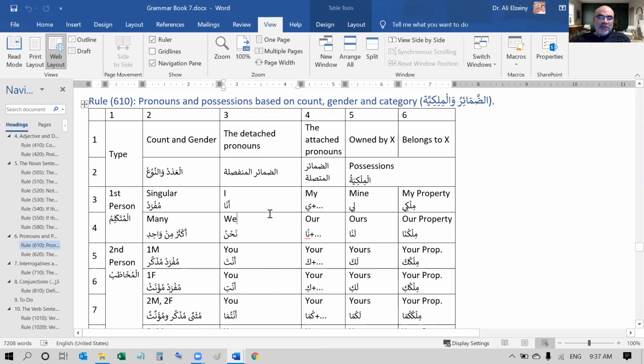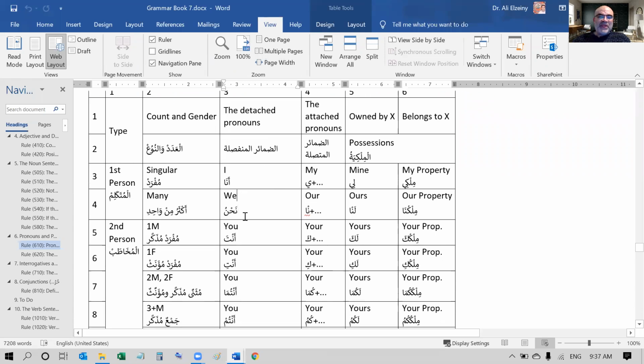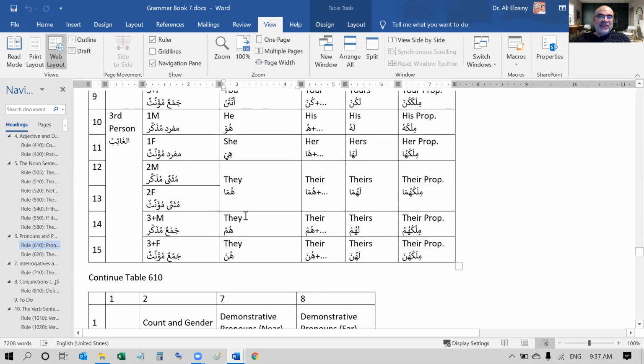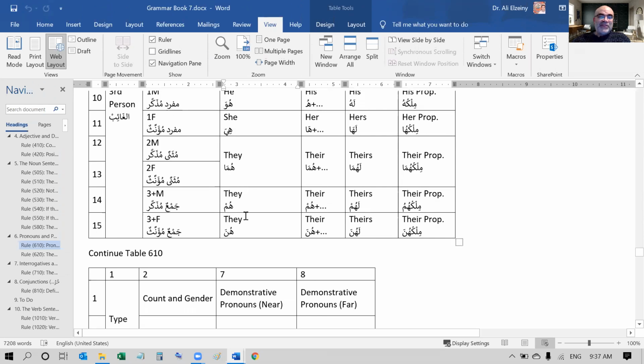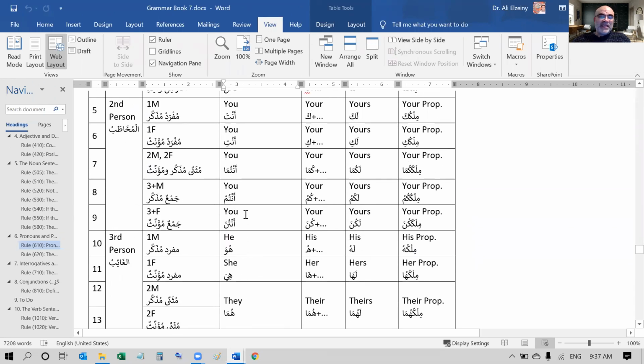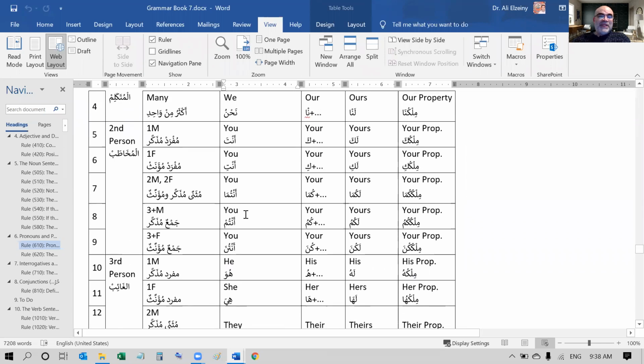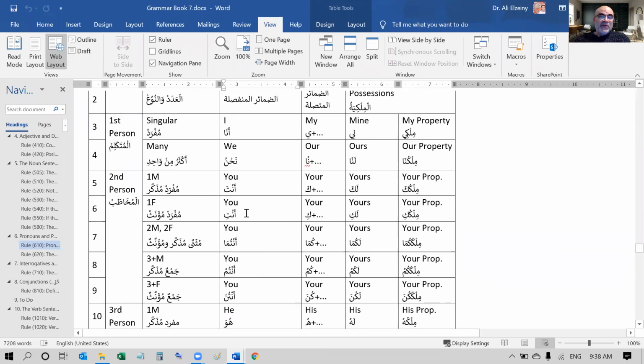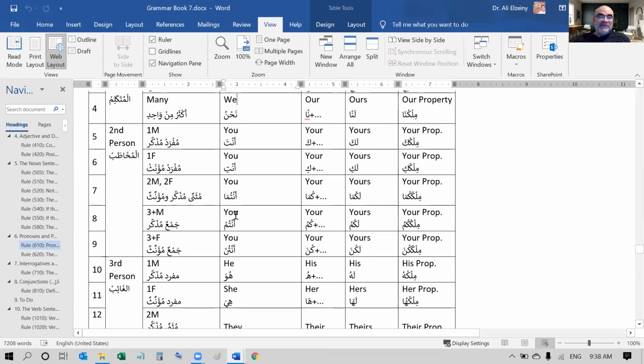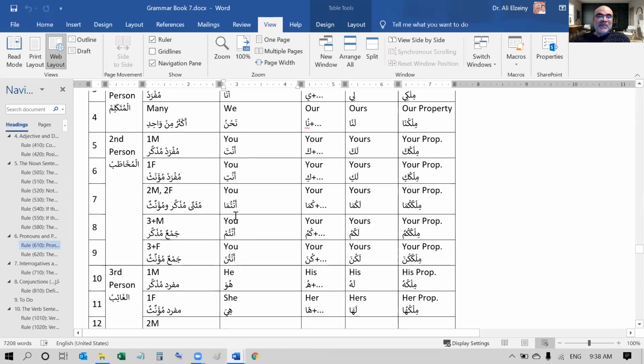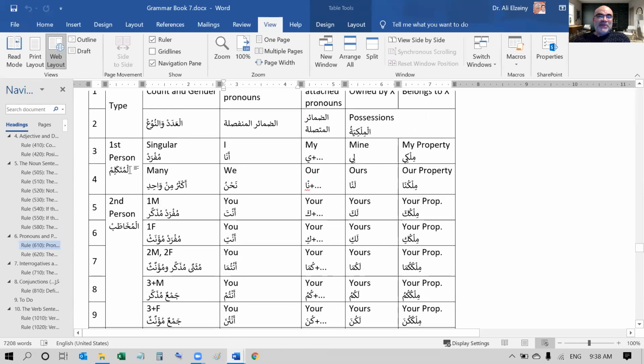For the purpose of this homework, we would be dealing with column number 3 here to get the pronouns for different forms: first person, second person, third person, 1M, 1F, 2M, 2F, 3 plus M, 3 plus F. For the first person, we just have two choices, either I or we. If it's singular, it's I, which is ana.